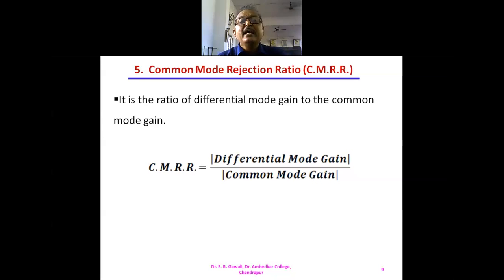Differential mode gain divided by common mode gain is nothing but CMRR. कॉमन मोड इनपुट यदि जब अप्लाई करेंगे तब जो गेन रहेगा वो कॉमन मोड गेन, और जब डिफरेंशियल इनपुट अप्लाई करेंगे तो वो डिफरेंशियल मोड गेन, दोनों का रेशियो जो रहता है वो कॉमन मोड रिजेक्शन रेशियो रहता है. एंड आइडियली इट शुड बी द small.